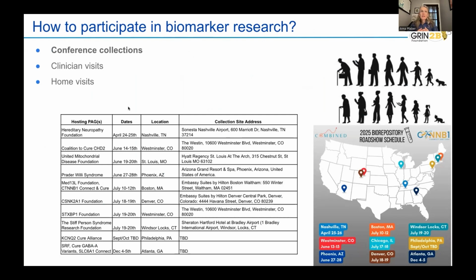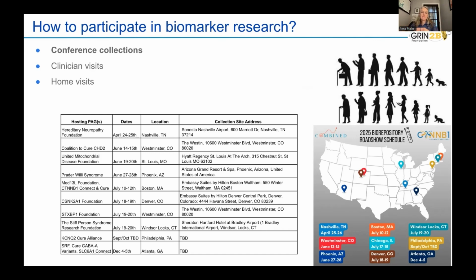So for me, I think one of the biggest takeaways is that there are a lot of places in the drug development pipeline that I showed that require participation involvement or community involvement.